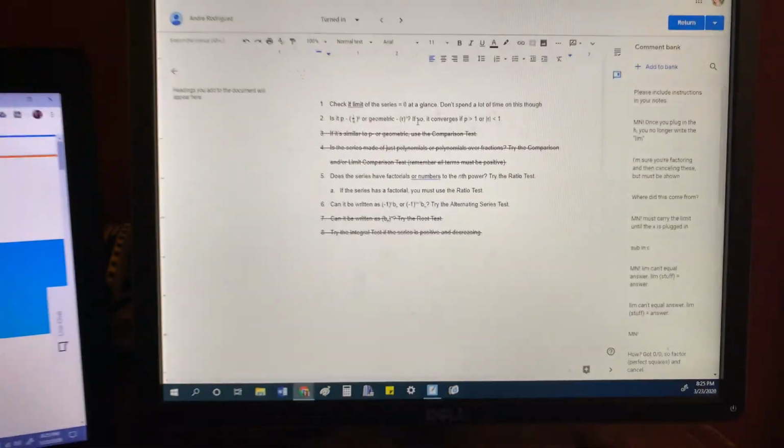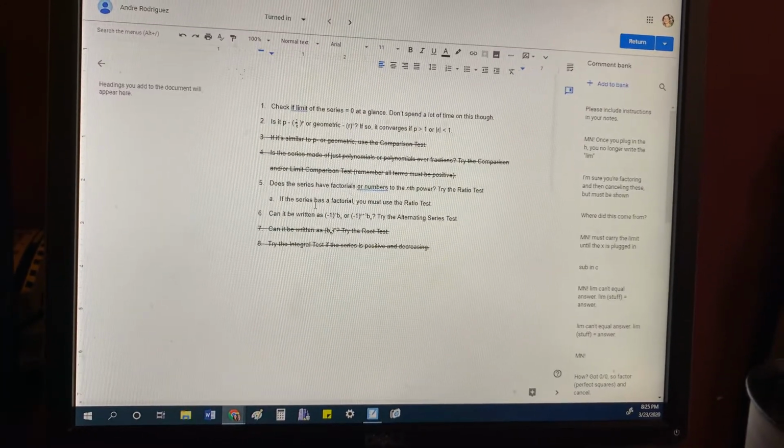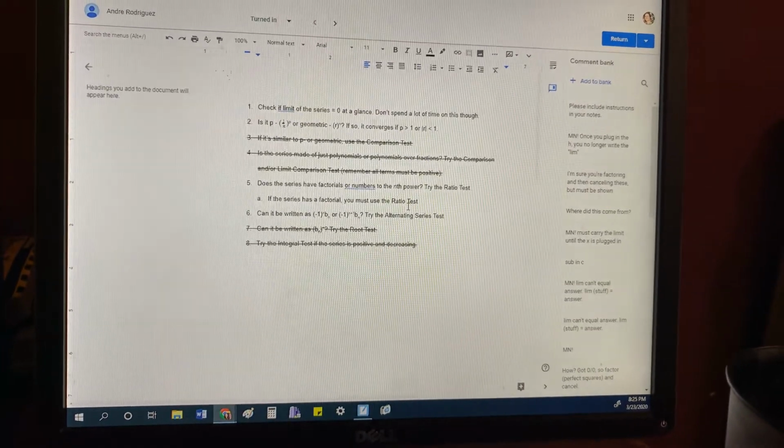No, so it's not a p series or geometric. Does it have a factorial? If the series has a factorial, you must use the ratio test. So whenever you see factorials, you're going to think ratio test.